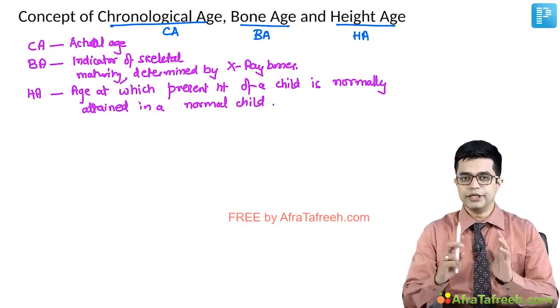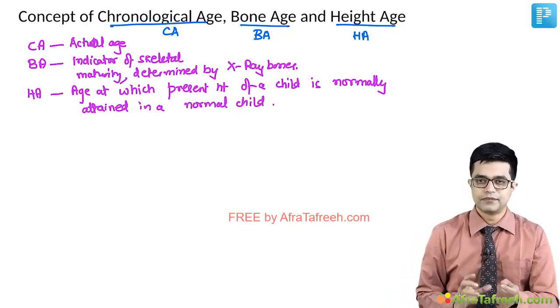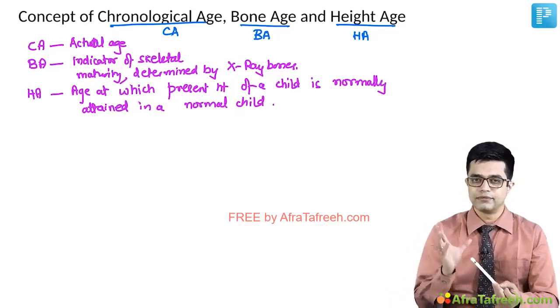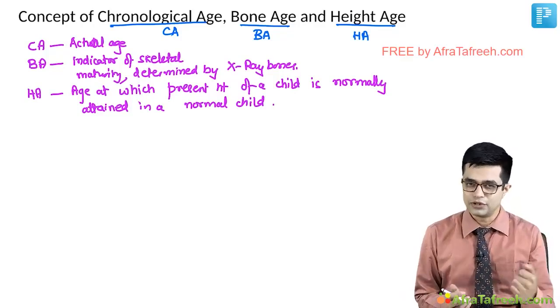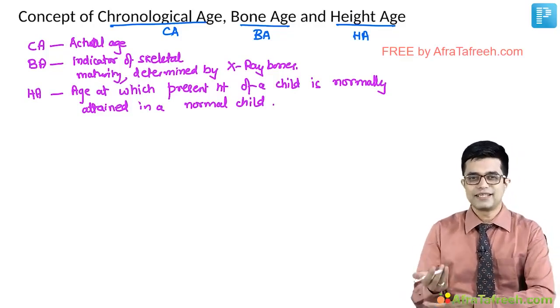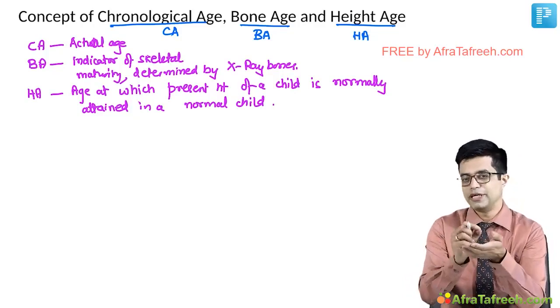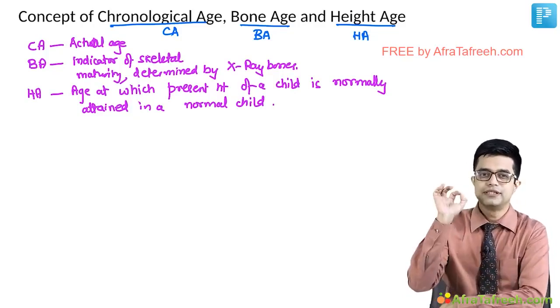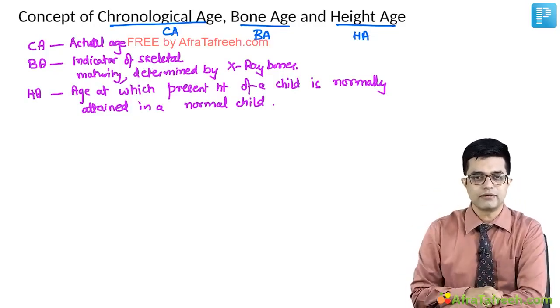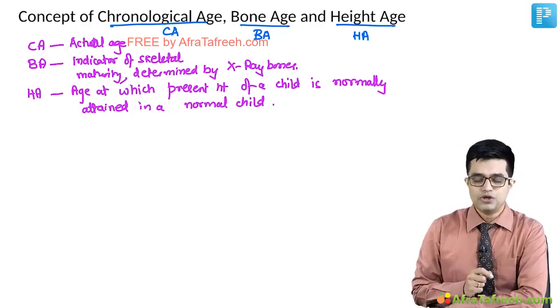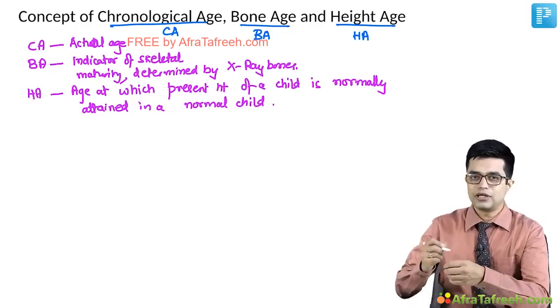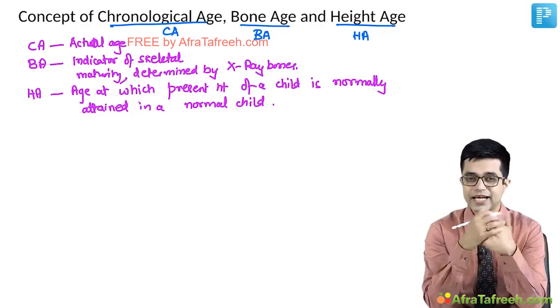You are sitting in an OPD, a child comes to you. Parents say our child is not growing. Okay, he is a 6-year-old child. So what is 6 year? So you will take a form and mention chronological age 6 year. That is the actual age of the child, right? Then you will order an X-ray. Where will you take the X-ray?